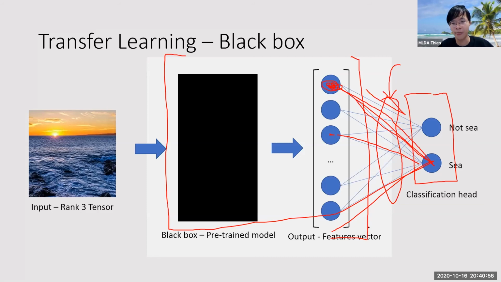So we're just learning the weights between the feature vector and the classification head, and that's why it's bad at first. When you do training, it's always bad at first because it's randomized. But the feature vector is good, so you can learn very fast. I hope that I answered your question.